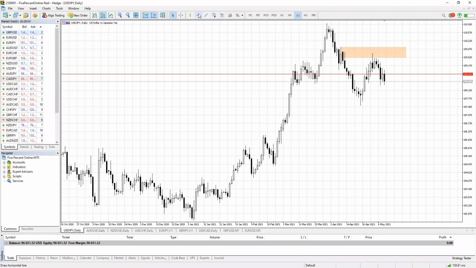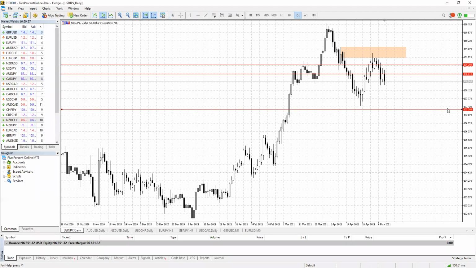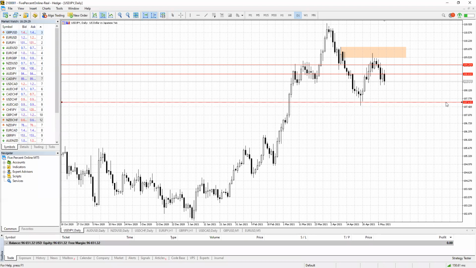Your stop loss 109.2, and take profit 107.53.